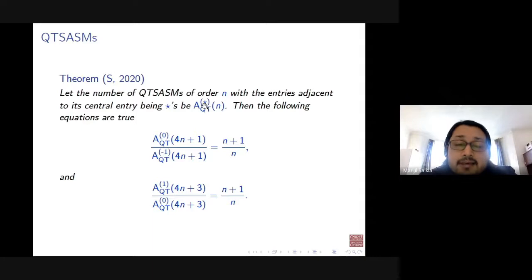If the adjacent entry to the central entry is 0, I replace the star by 0. And if it is minus 1, I replace it by minus 1. So for order 4n plus 1, since the central entry is 1, I have this proportion, which is n plus 1 divided by n. And for order 4n plus 3, I have this proportion, which is n divided by n plus 1, where 0 occurs. And again, the quantity is the same.